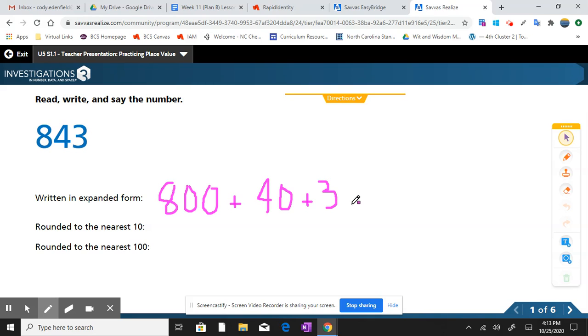So this is the expanded form. 800 plus 40 plus 3 equals 843.